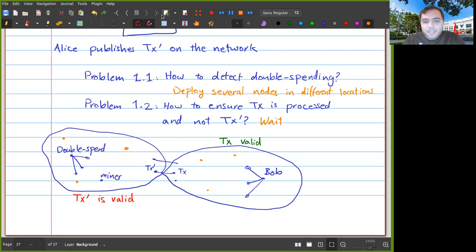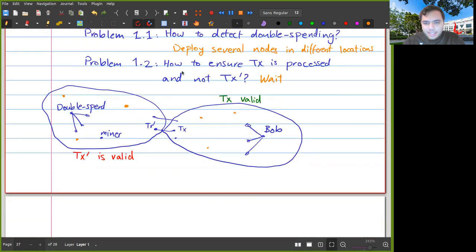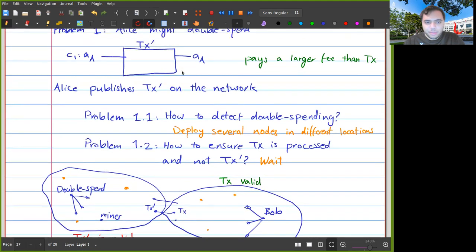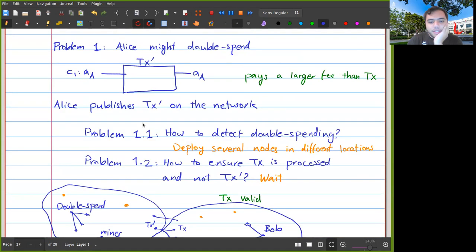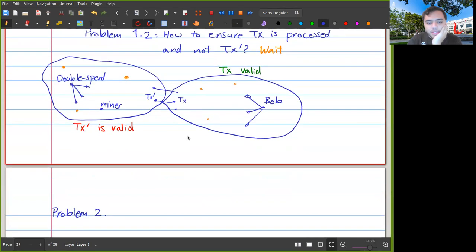But now there is an even deeper problem here. So this is the second problem that Bob will have. So suppose that the right transaction has gotten on the chain. So this is problem 2.